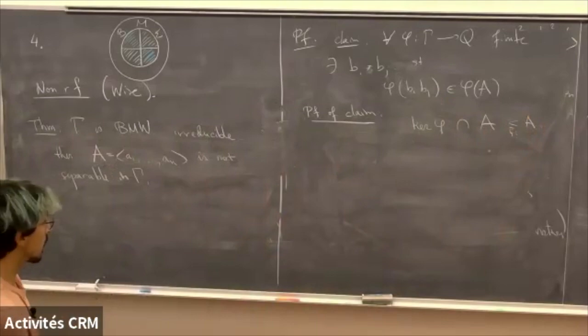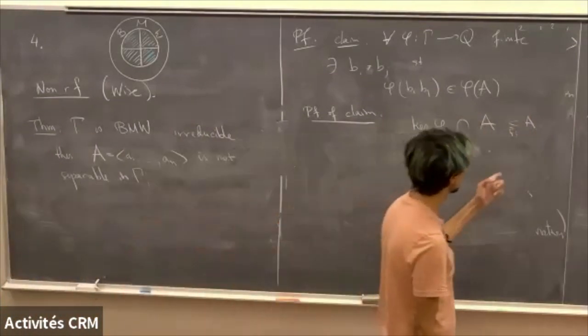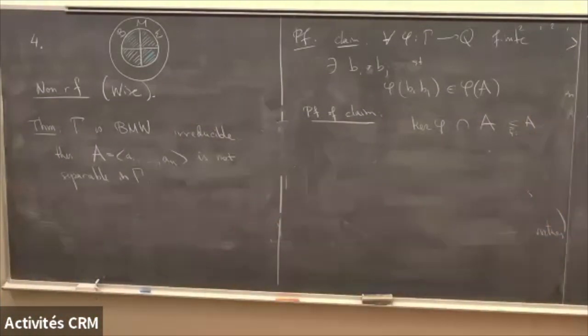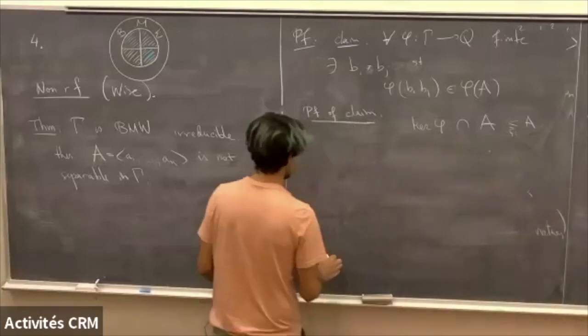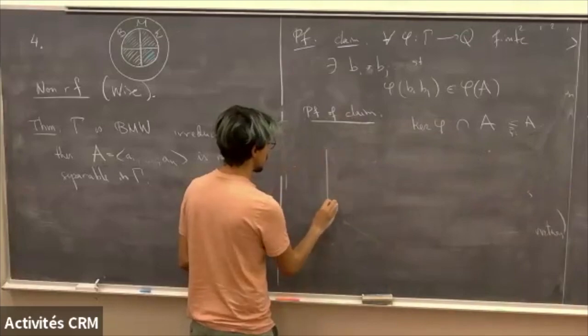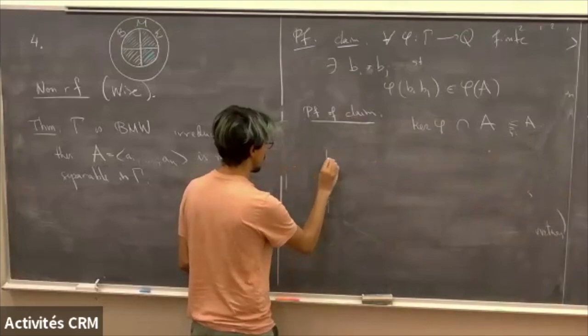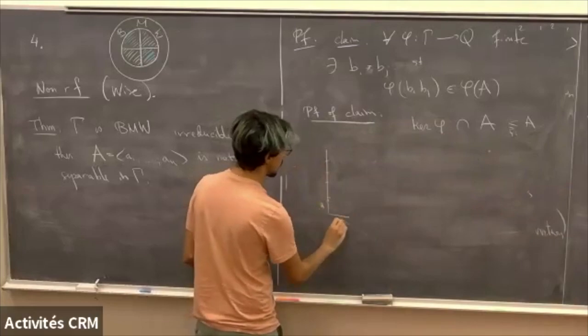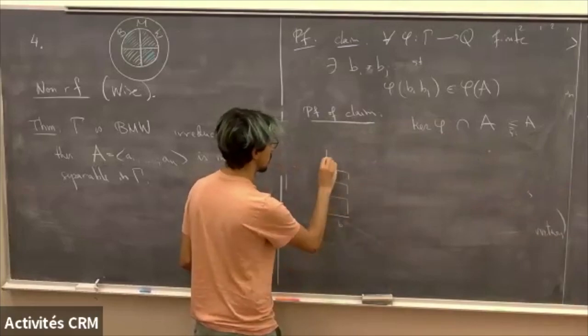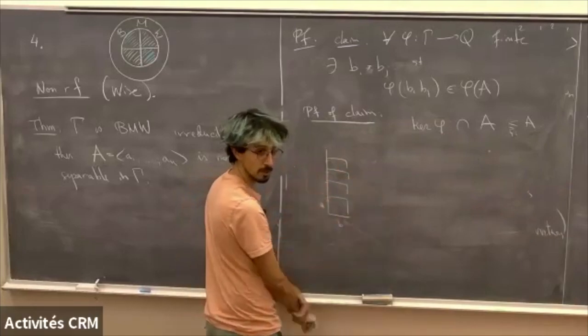Now, what is A? A in my tree is the vertical stuff that I see there, and here I see the B's, and the product of trees is built out of those squares.